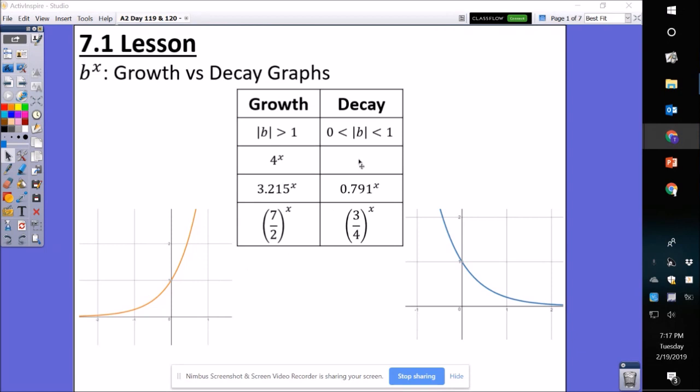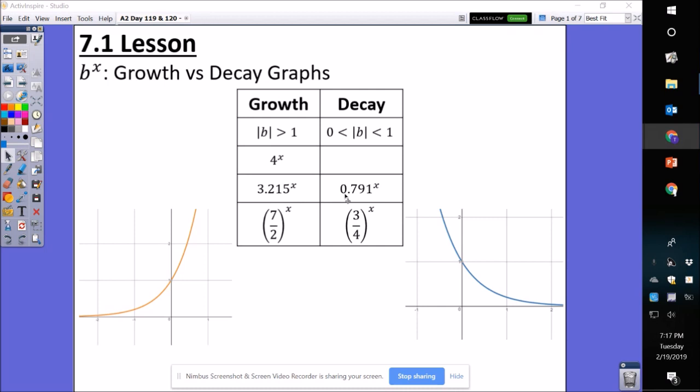Now for the decay, if the absolute value of our base is between 0 and 1, but mainly less than 1, then the graph will be just like the blue graph at the bottom right. So here I have 2 examples. One is a decimal number and the other one is a fraction.